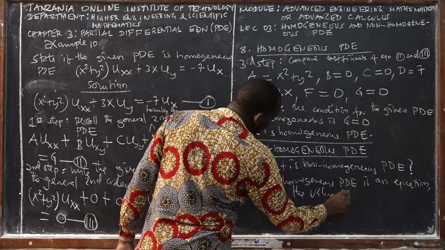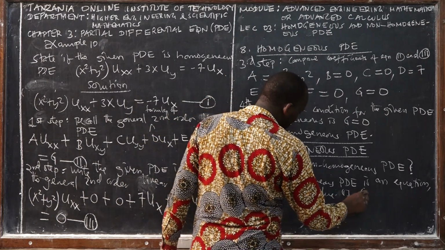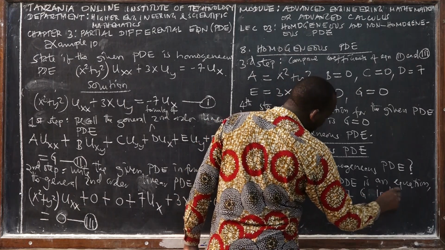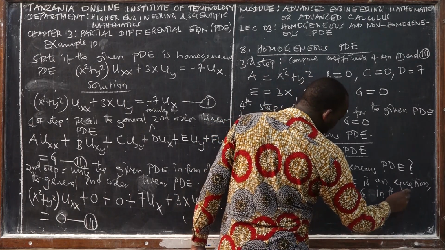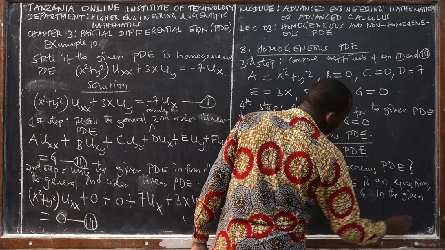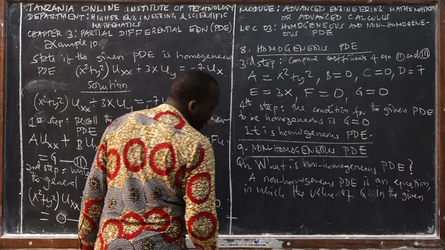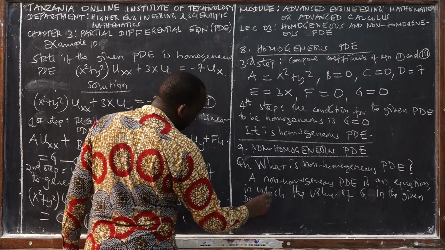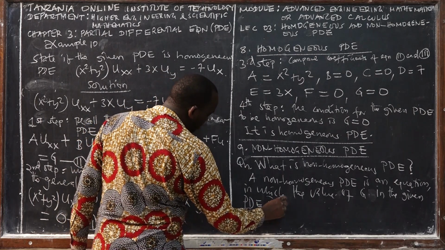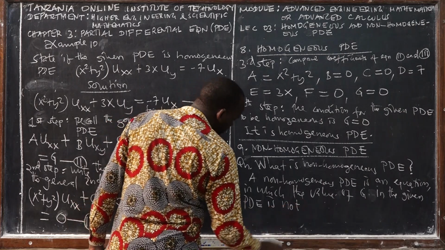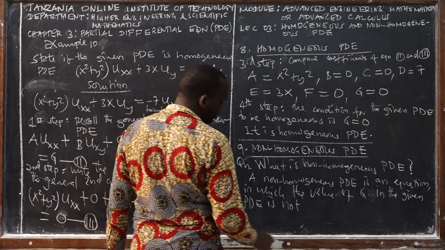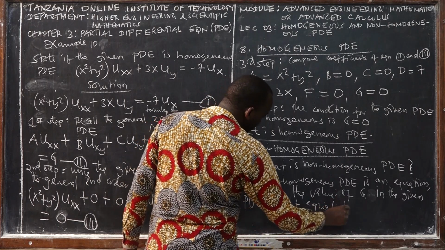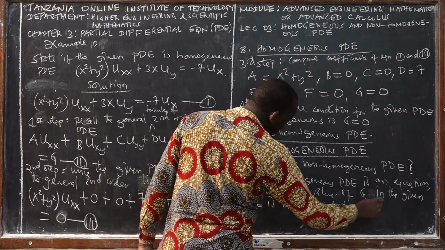of G in the given partial differential equation is not equal to 0. It's not equal to 0.